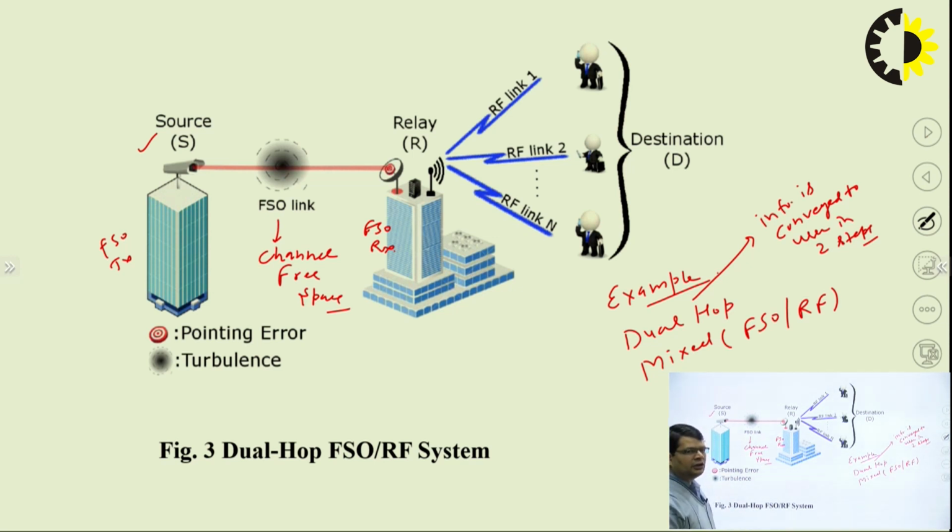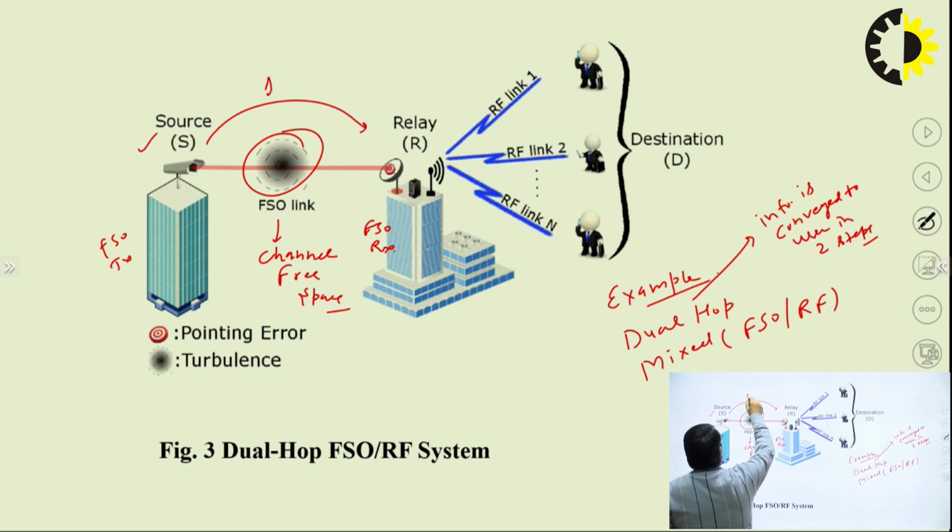Then we know that the performance of the FSO link is affected by the turbulence effect or various other effects like absorption, scattering, background radiation noise in the channel. So in the first hop, the information is conveyed from the FSO transmitter to the FSO receiver. So this system is FSO.